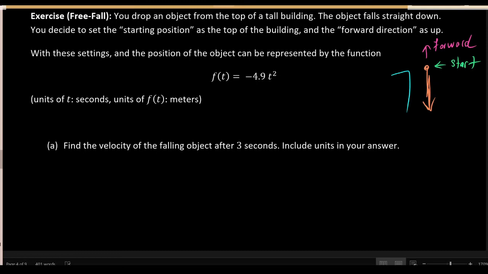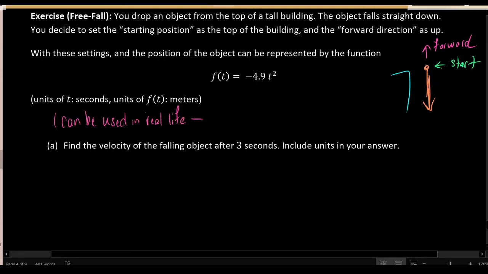If you measure time in seconds, and you measure position using meters, then the object's position at any given time can be represented by the function -4.9 times t squared. It turns out that this is the actual physical function that really in real life could be used to represent the object's position. But there's a tiny catch.